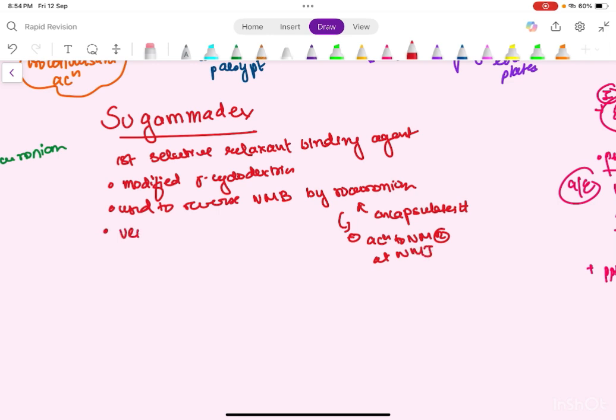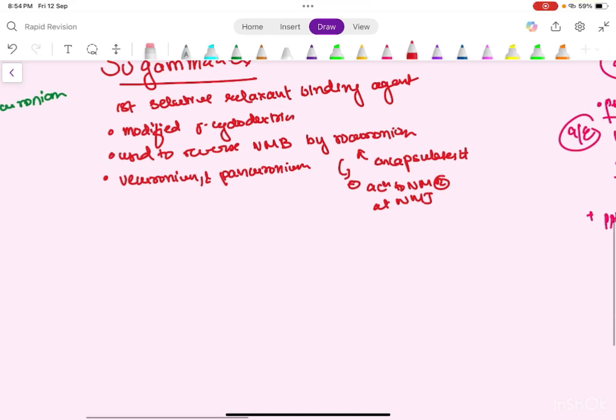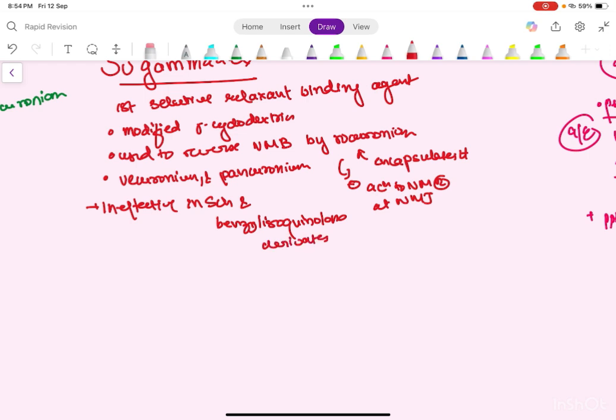Then it can also be used in vecuronium and pancuronium induced muscle relaxation. Then it is ineffective in succinylcholine and benzyl isoquinolone derivatives. Basically, why is sugammadex more preferable than neostigmine to reverse the blockade?